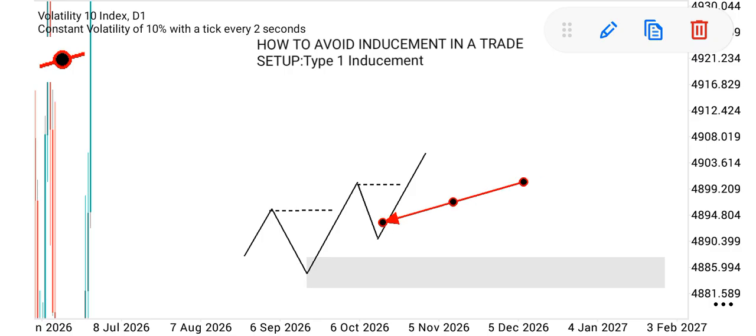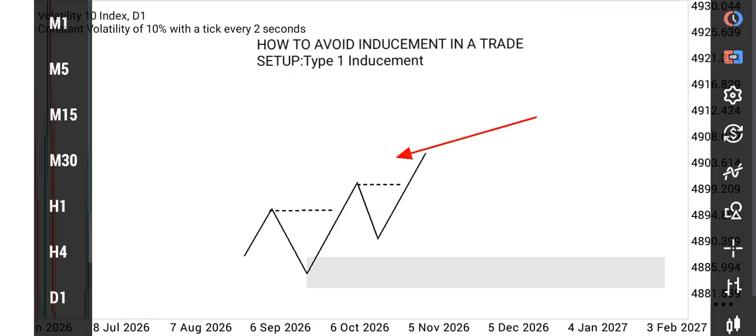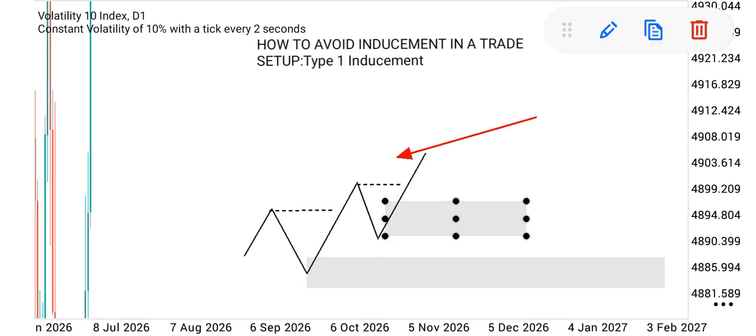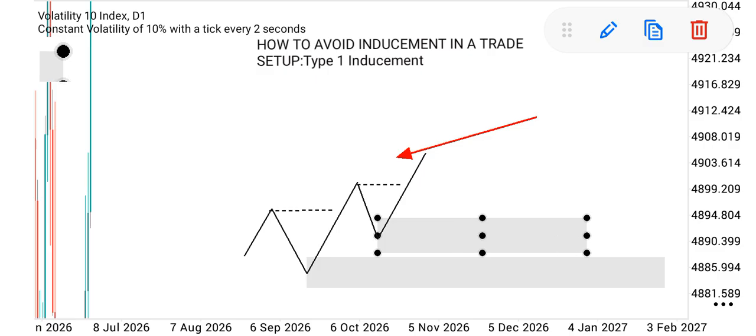And this break of structure has an origin too. Most traders will be like, okay, I have a break of structure downward that is not mitigated, and I still have another break of structure.